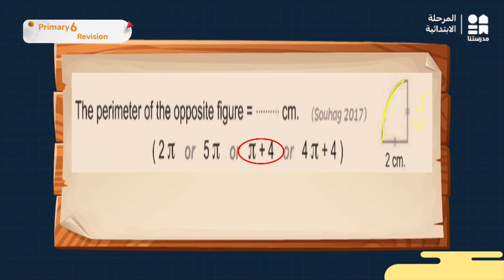Then I will add 4, which is this radius plus this radius. This exercise has a very nice idea. If we go through it step by step, you will find it so easy.